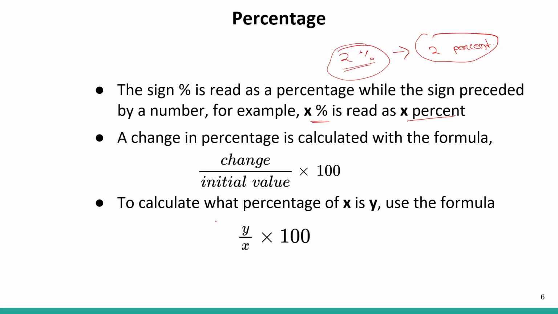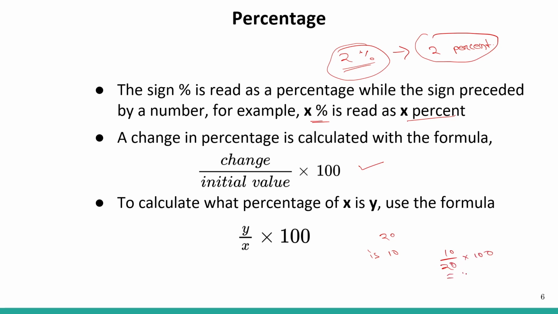So a change in percentage is calculated with the formula change by initial value into 100. To calculate what percent of x is y, we use the formula y by x into 100. So if you want to know what percent of 20 is 10, you use 10 by 20 into 100.